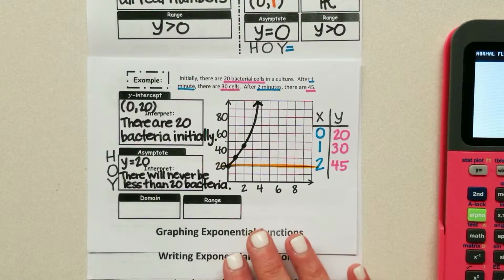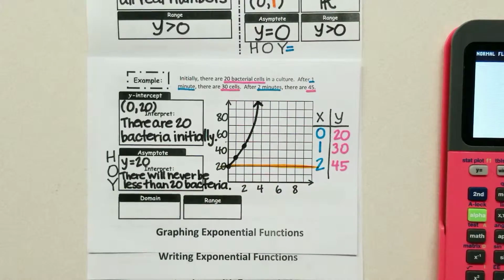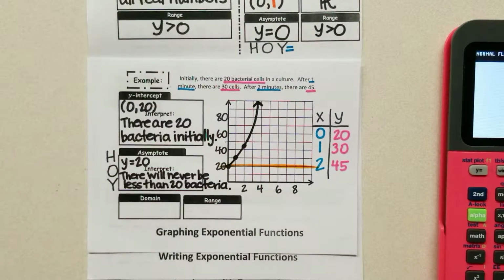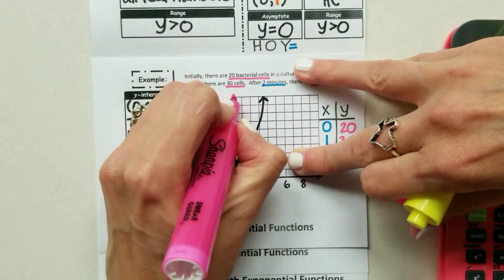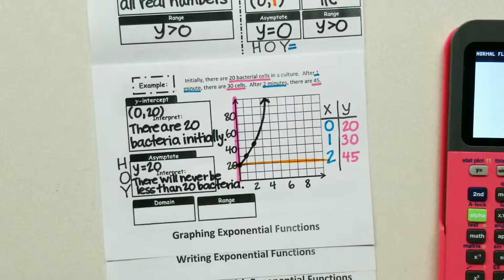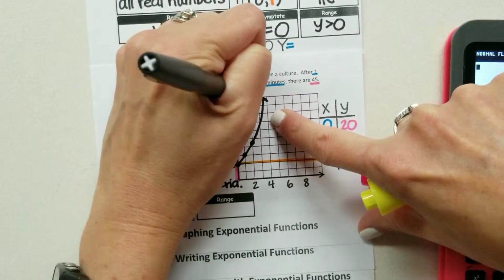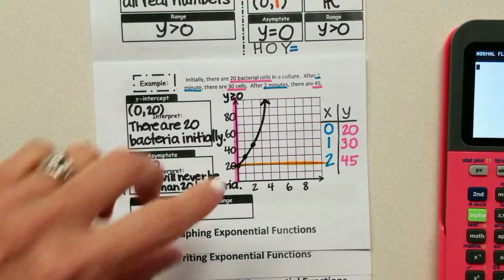All right, so let's look at domain. Again, how far left, how far right. So how far left this goes, this is actually going to go as far left on the x-axis as 0. So I'm going to draw my boundary lines in here for domain, and this is going to be x is greater than or equal to 0 because I have a solid point here. And then how far to the right?